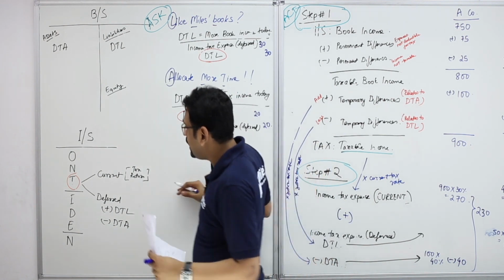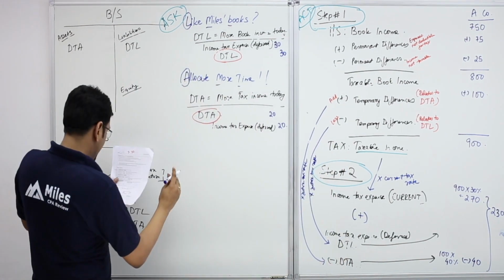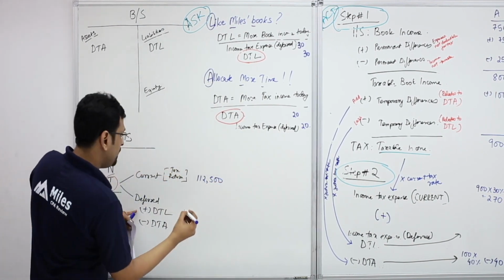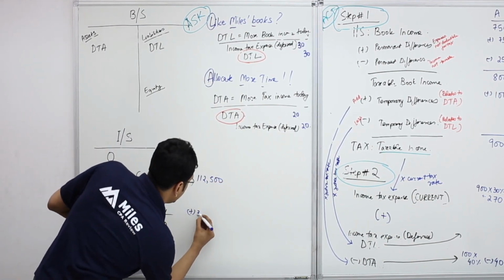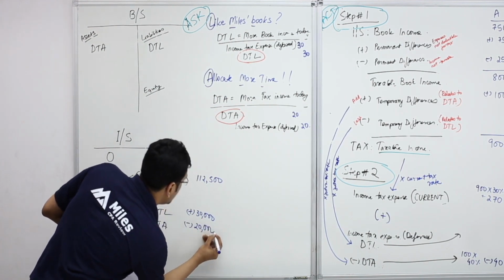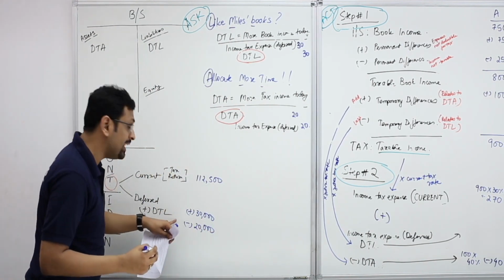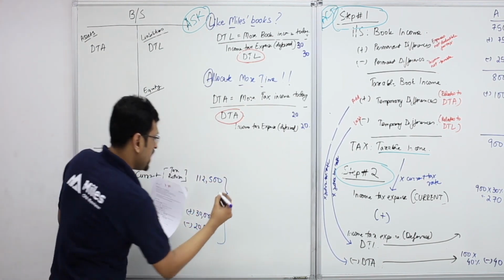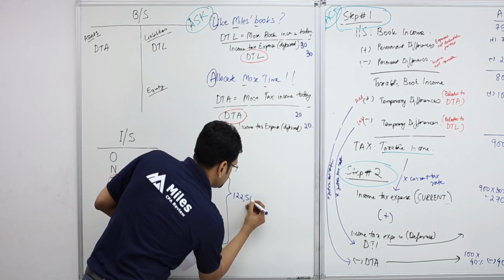Now on the income statement, we're going to have the current tax 112,500 plus the deferred tax liability portion 30 minus the deferred tax asset portion 20. So that's deferred tax liability and asset for the year. This calculates to 122,500.